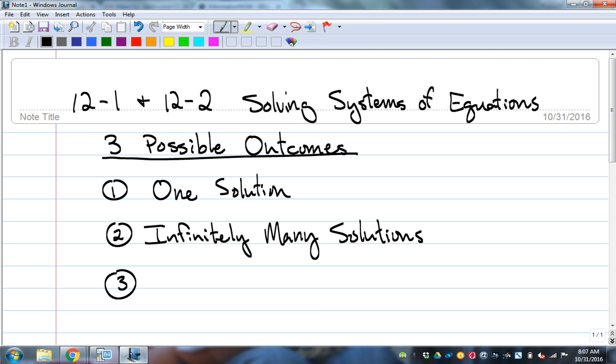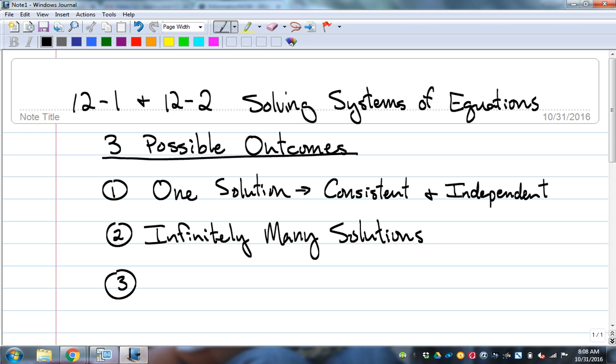One outcome is that it has one solution. That's called consistent and independent. We'll tie that together. One solution is consistent. That means it has answers. And independent means it's just one answer.